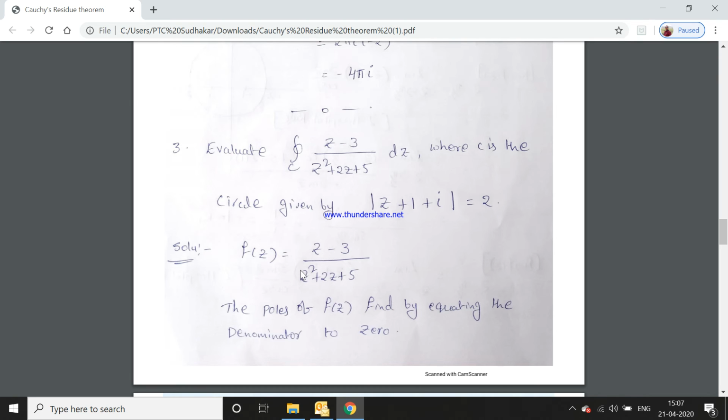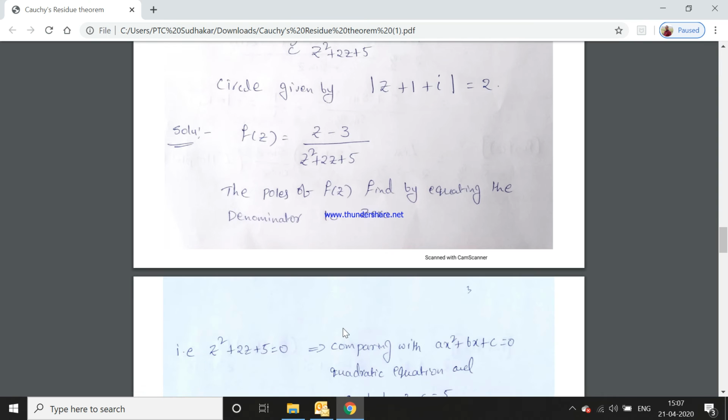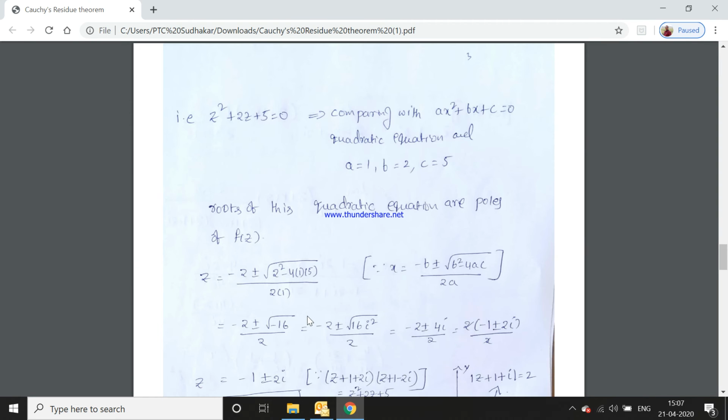Given f(z) is (z minus 3) by (z square plus 2z plus 5). Here we can find the poles by equating the denominator to 0, but the factors are not possible, so we compare with ax square plus bx plus c equal to 0. Here a is 1, b is 2, c is 5.